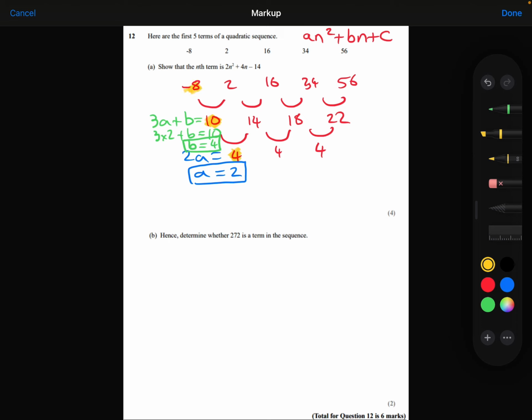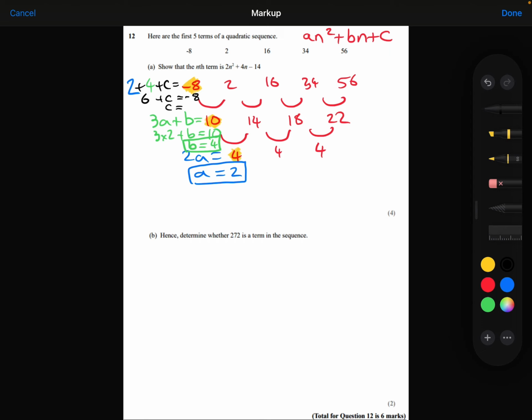And then we know that this term here is always equal to a plus b plus c. We've just worked out that the a is actually 2. The b is actually 4. So 2 plus 4 is 6, plus c is minus 8.